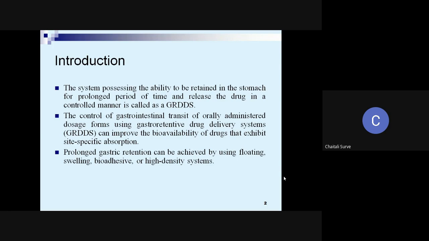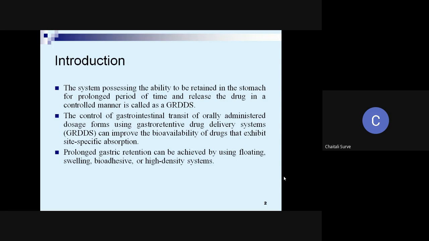That is why we need something that keeps them floated or retained in a particular area so that they can be absorbed in a proper manner. Basically, the aim of this GRDDS formulation is to make the formulation available in the stomach area, or to make it available in the upper region of the small intestine.